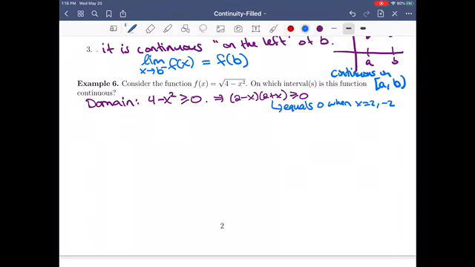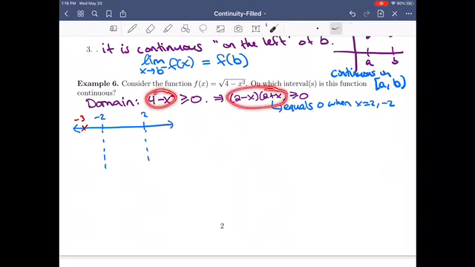So one method to solve this is to think about a table, like a number line. Plot your negative 2 and your 2, and then just test a point in each interval. Let's say I test negative 3. When I'm less than negative 2, this function either always exists or never exists, so the inside part is always negative or always positive.